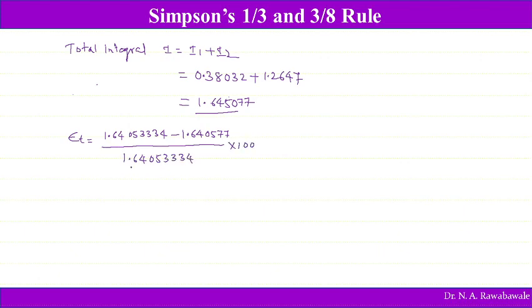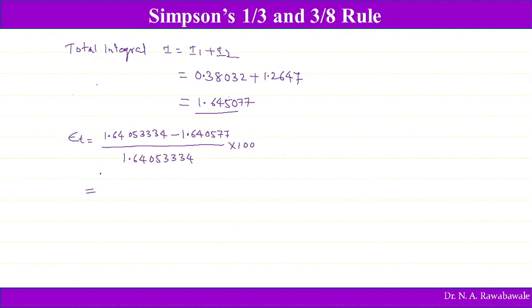So this percentage true error we get as 1.6405334 minus 1.64057 divided by 1.6405334.